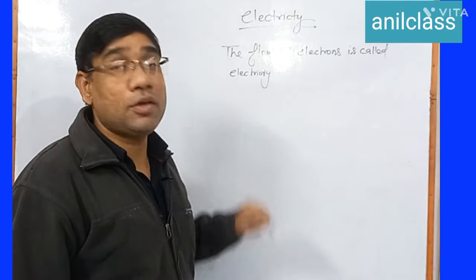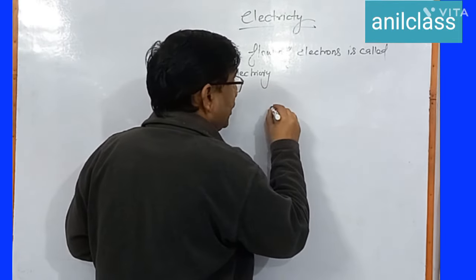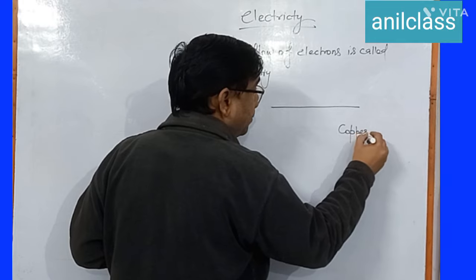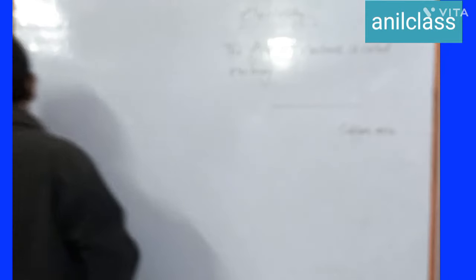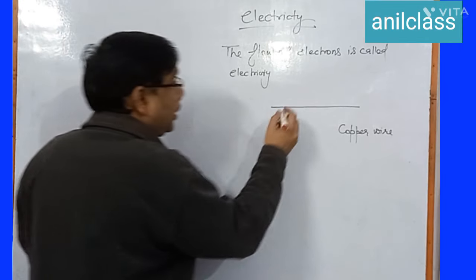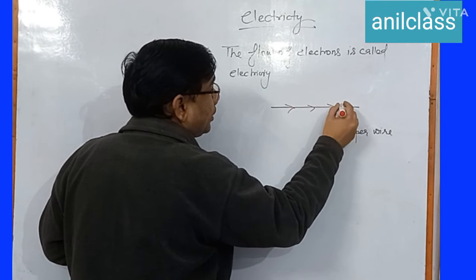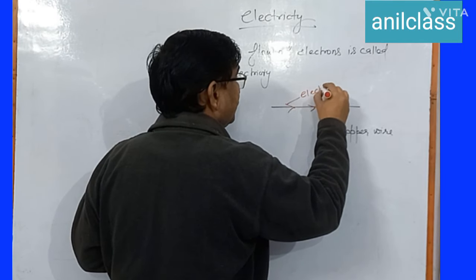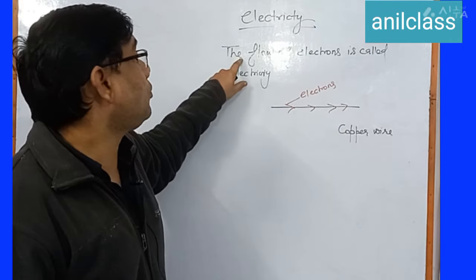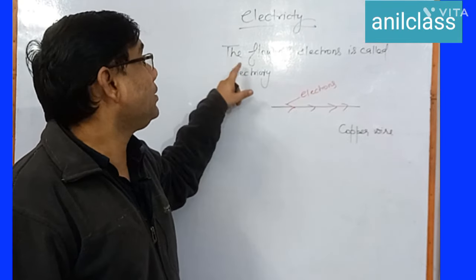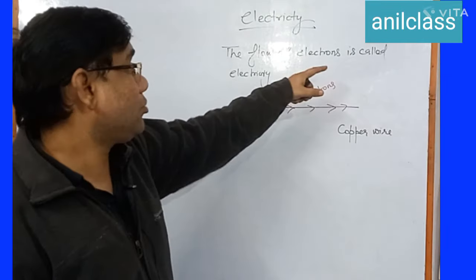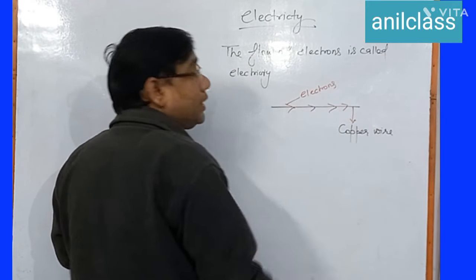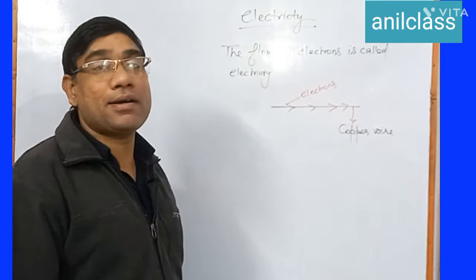Means the flow of electrons, if this is a wire, a copper wire, and inside the wire the red symbol shows the electrons. So the flow of electrons is called electricity. That is a copper wire, and the electron flow in the wire is called electricity.